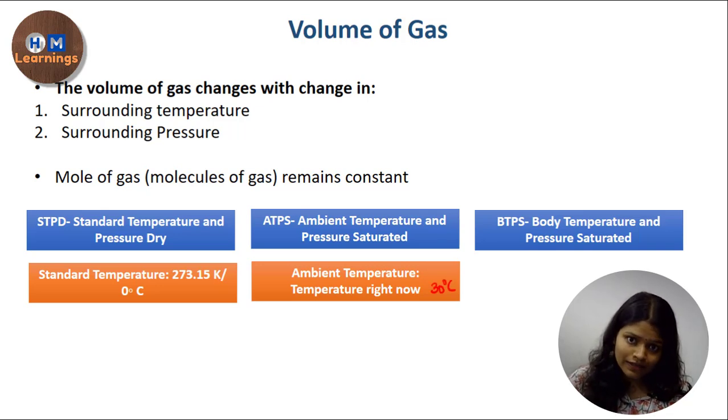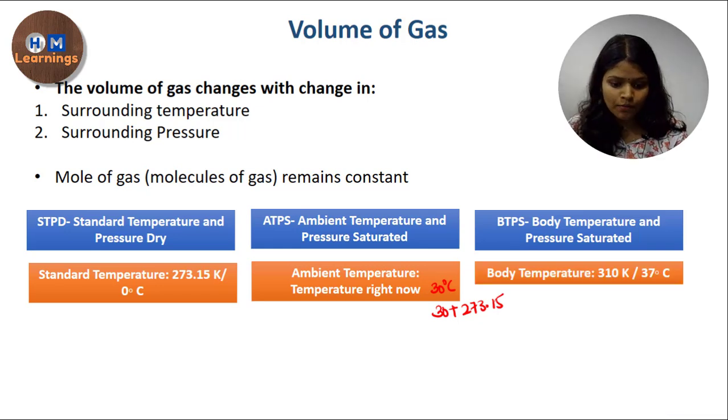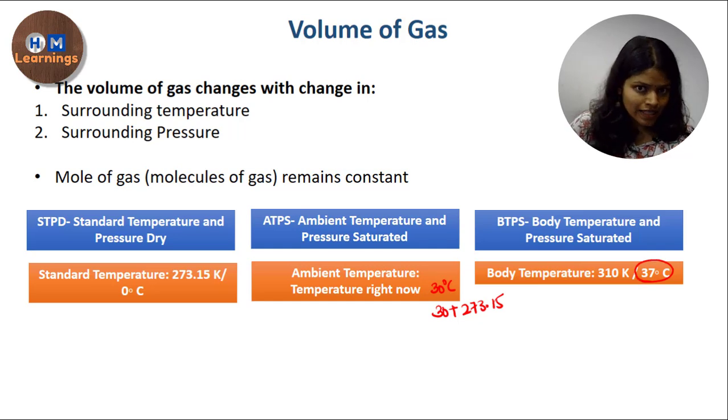How do we calculate the ambient temperature in Kelvin? We add 30 degrees Celsius to 273.15, and this is how we get it in Kelvin. And we know the body temperature is constant, which is 37 degrees Celsius. So you add 37 to 273.15, and you get 310 Kelvin.